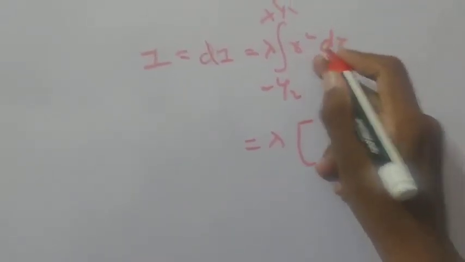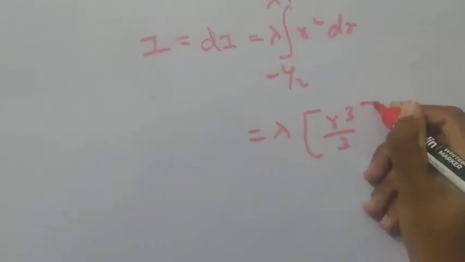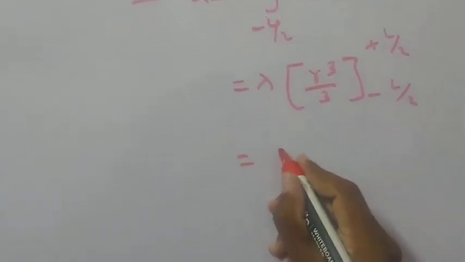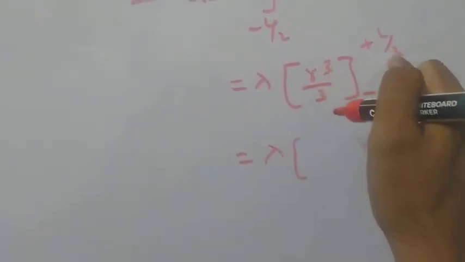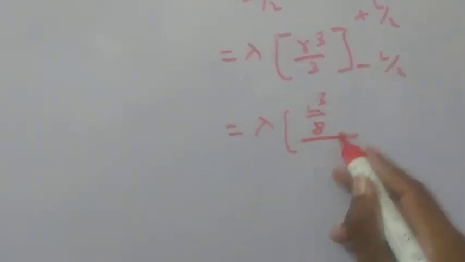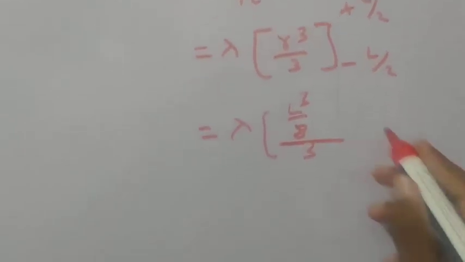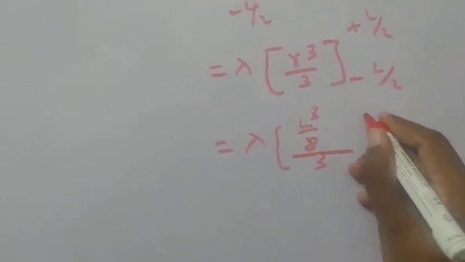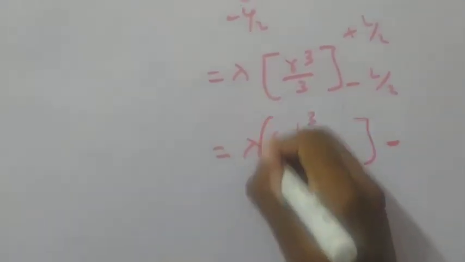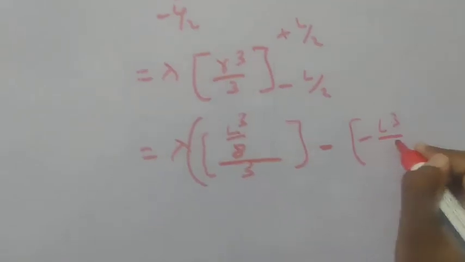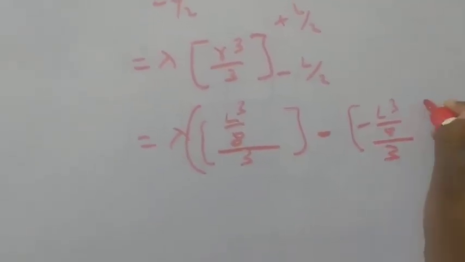So r square, if we integrate, becomes r cube by 3, and putting in the limits L by 2 and minus L by 2, with lambda outside. Substituting the limits, it will be L cube by 8 by 3 minus, and this will be the upper limit minus the lower limit, the lower limit being minus L cube by 8 by 3.